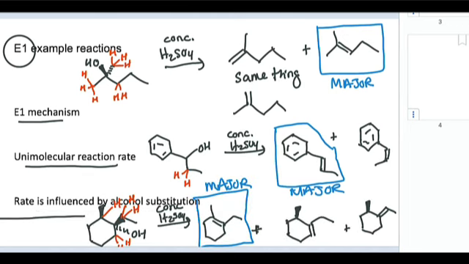And with regard to the last structure, this is actually the E, but we also could form the Z stereoisomer of that as well. But since it's not a major product, we won't bother to draw it out.